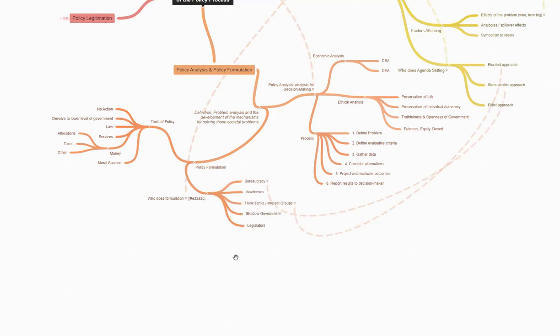The bureaucracy comes up with these solutions because the bureaucracy was back there and put it on the agenda and they understand the issue. Think tanks and interest groups, same thing. Academics, legislators, and by shadow government, I don't mean anything dark or nefarious.